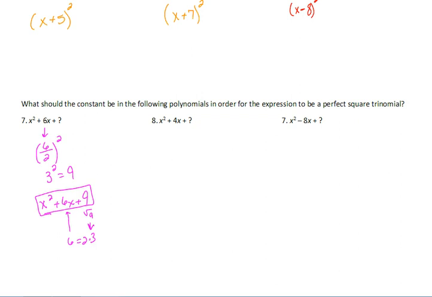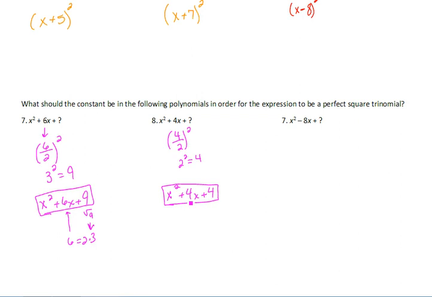Same thing here. Again, we take the coefficient of that middle term, chop it in half, and then square it. So 4 divided by 2 is 2. 2 squared is 4. This is a different one because our middle term and our outside term are the same, and that's because the magic number we use is 2.